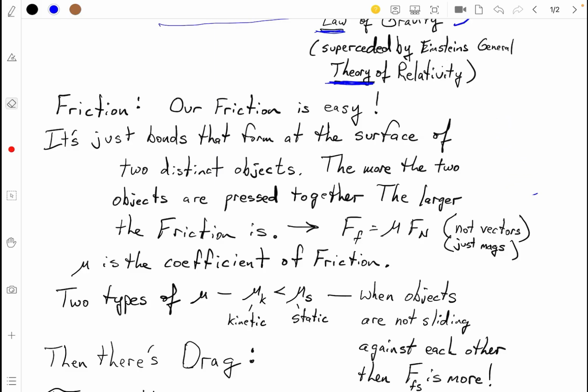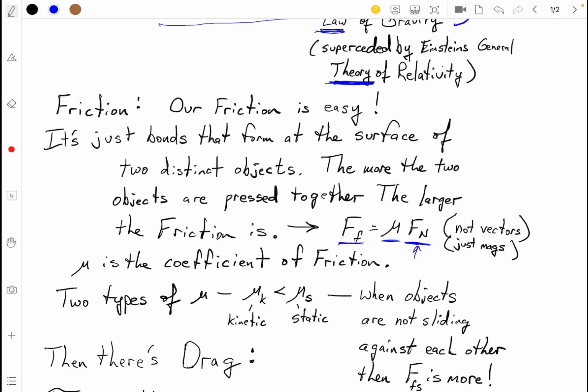I'm not going to give you the other bull that the book tries to sell you on. The more the objects are pressed together, the larger the friction is, because being pressed together means that the bond is being further enhanced. That's why your normal force times your coefficient of friction gives your friction. If the normal force increases, your frictional force is going to increase. Now these aren't vectors.